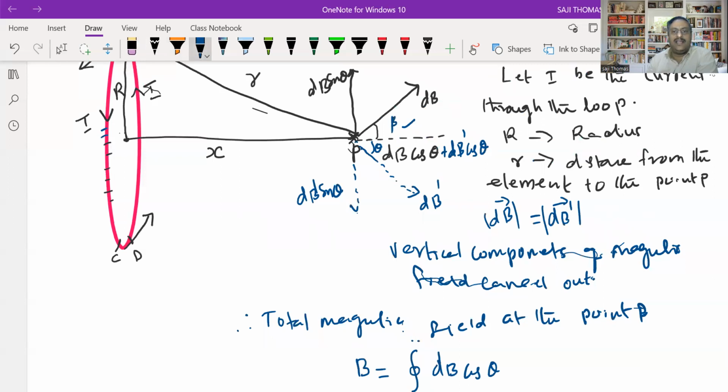This whole angle you have to change to beta. This is also beta, so this is cos beta.